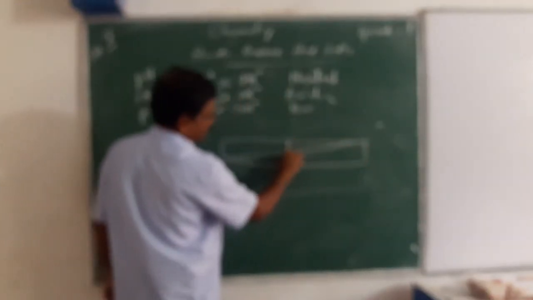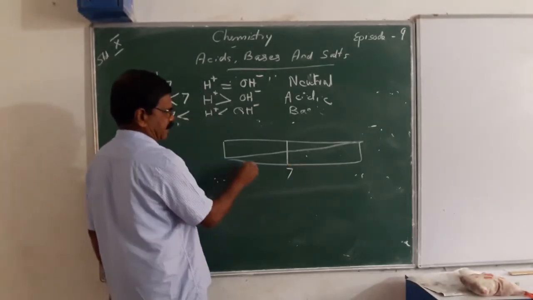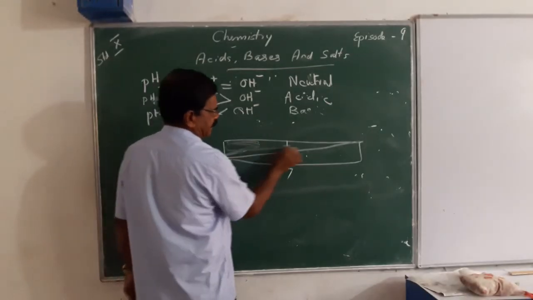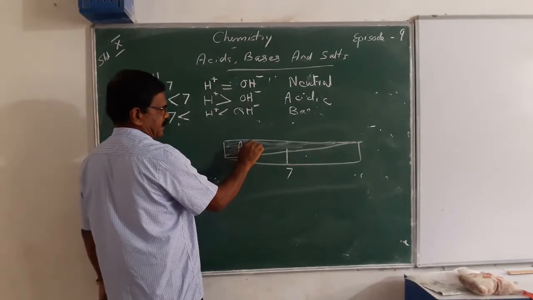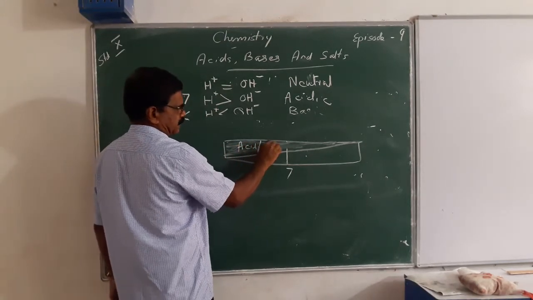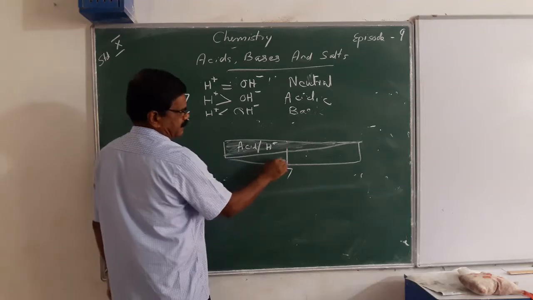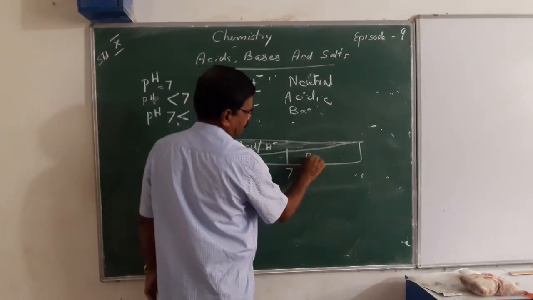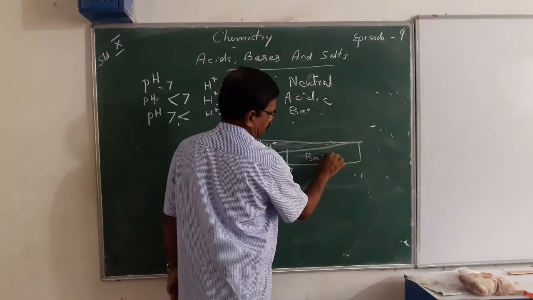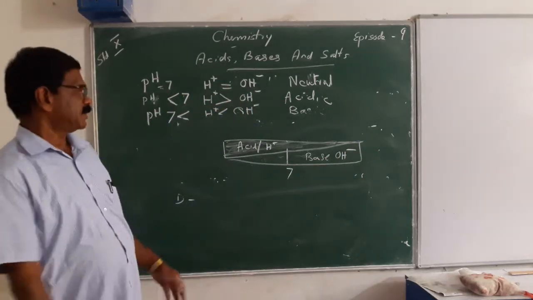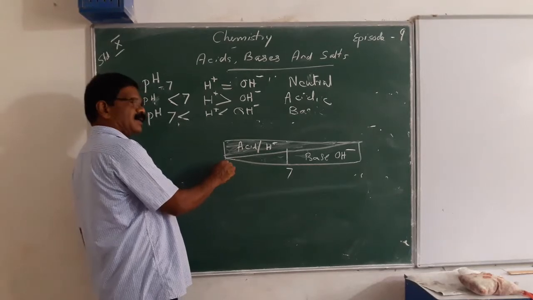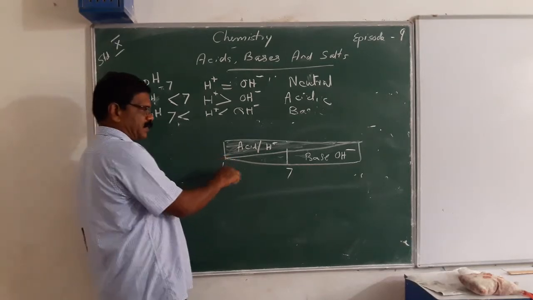Mark 7 at the center. One side is shaded: this is acid, or H plus ion. The unshaded part is called base, or OH negative ion. Then we can note the numbers 0 or 1 to 14.